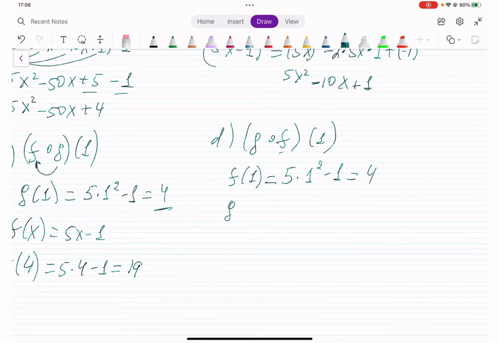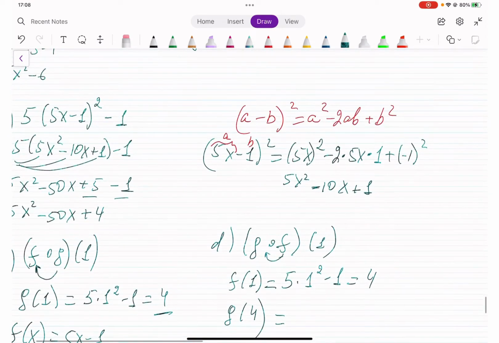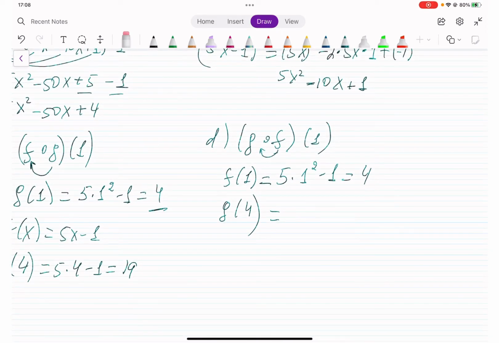And then g of 4, vice versa, so I'm plugging here. g of x is 5x squared minus 1, so 5 times this 4 squared, and then minus 1.